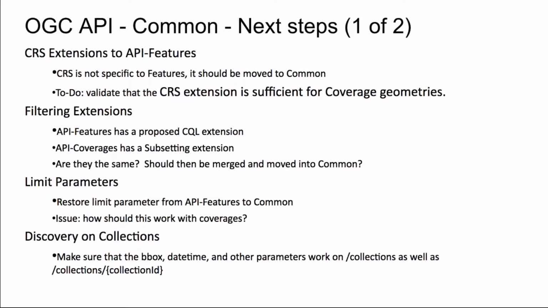A 5 gigabyte coverage is still a 5 gigabyte coverage, and it's still too much for most people. So we may need to redefine that, or at least write the common version of limit in such a way that coverages can specify it for coverage resources to have a slightly different behavior than it would for a feature resource. A little bit more homework to do.